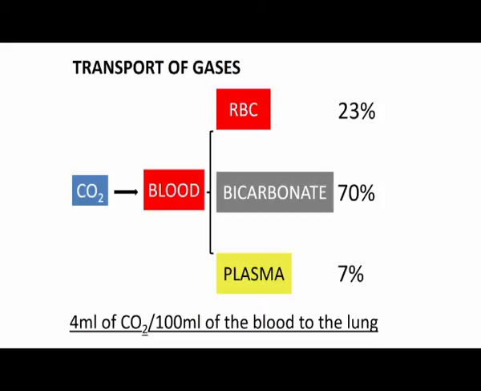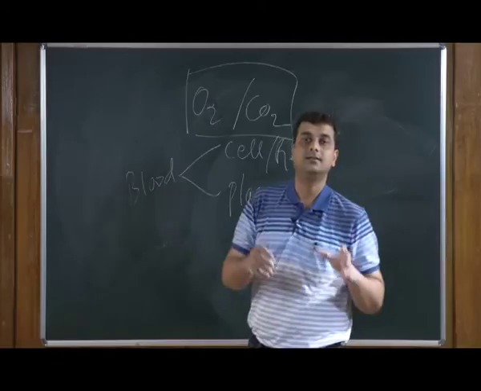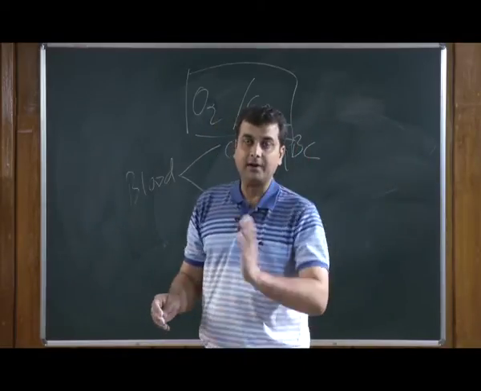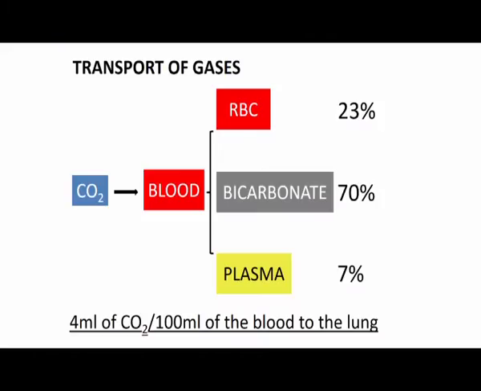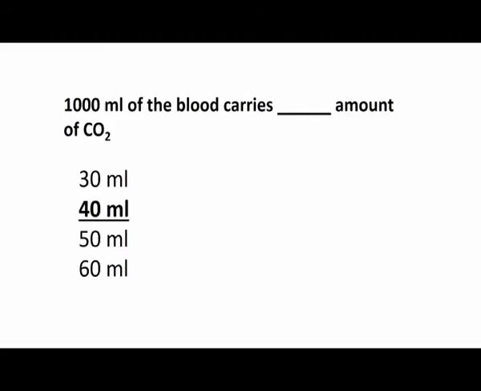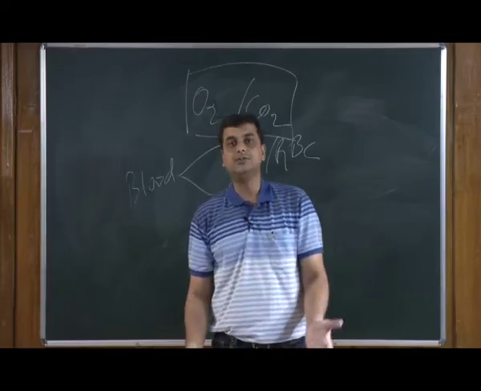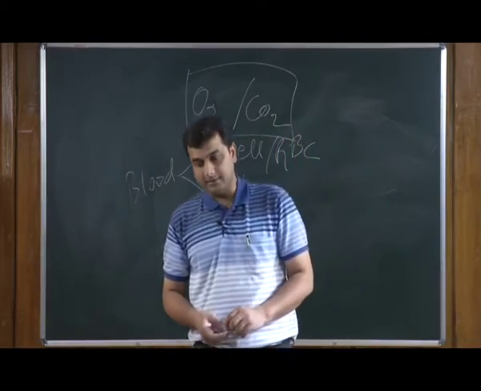So, 23, 70 and 7 are the different concentrations of CO2 transported by these three elements. In total, 4 ml of CO2 is transported per 100 ml of blood. A similar kind of question can be drawn here: how much CO2 can 1000 ml of blood carry? Obviously 4 multiplied by 10 gives 40 ml. So, 40 ml of CO2 per 1000 ml of blood.